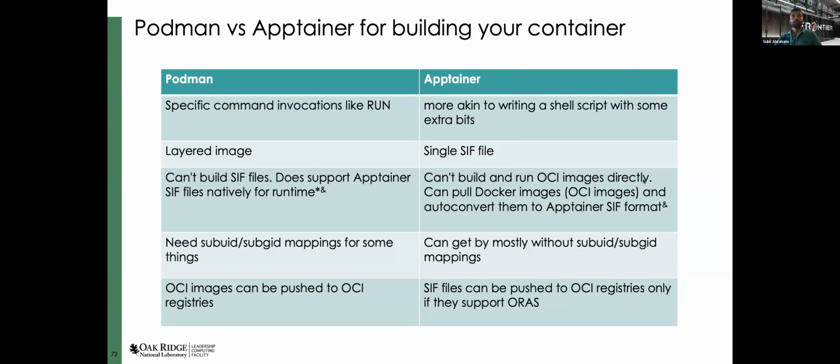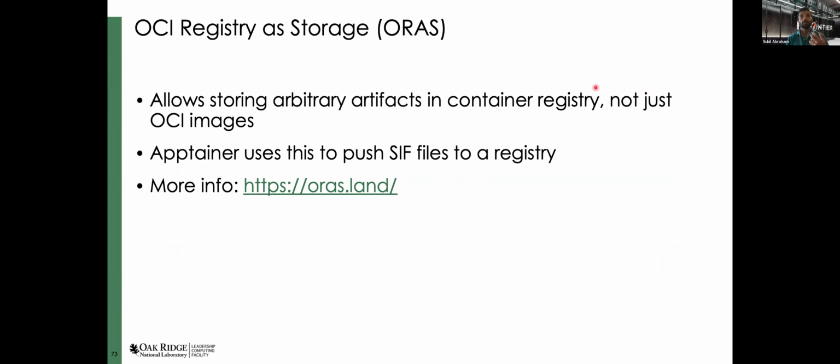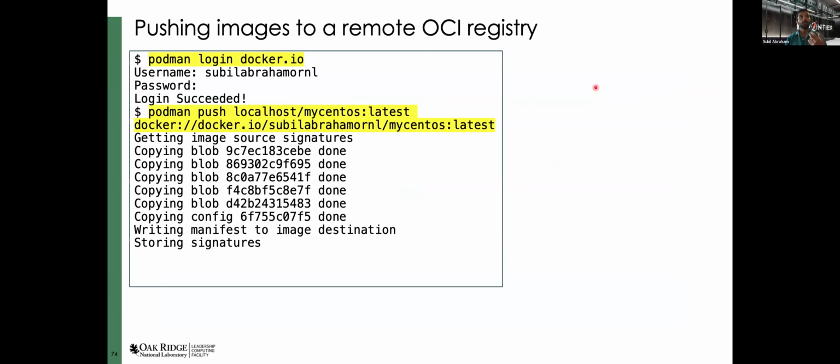Another difference to talk about is I mentioned OCI registries and Podman creating OCI images, but Apptainer does not create OCI images. OCI registries are the typical way that you distribute the container image that you built.